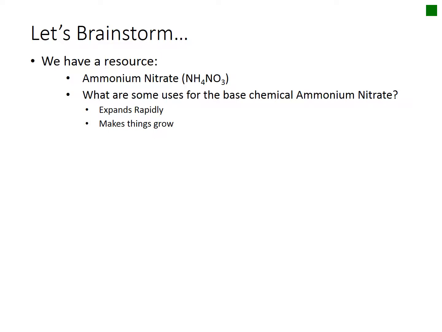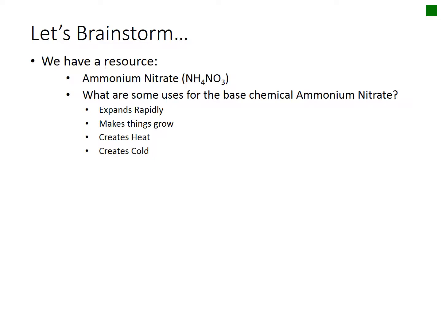We're thinking about the many different uses that we could have for this particular chemical compound. Again, we know that it expands very rapidly. We know that it helps make things grow as a fertilizer. What you can also imagine is it creates heat as it expands, depending on different pressures that are placed on it. But it also creates cold, which is kind of interesting because you wouldn't necessarily think that.